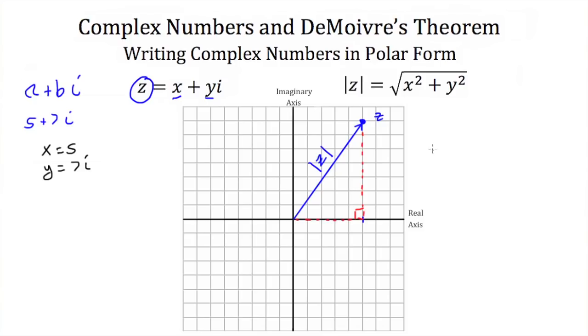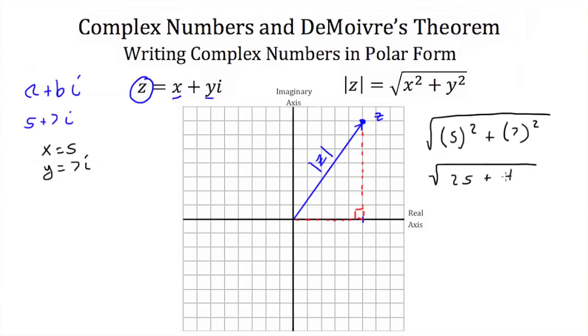So I take my x part and I square it, and I add that to my imaginary part, or my y part, which is also squared, and I take the square root. This is the square root of 25 plus 49, or the square root of 74, which, if you're curious, is about 8.6.